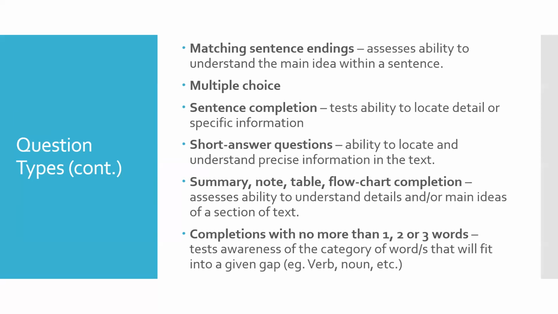The reason these are important is because depending on the nature of the question, we can identify what are the students' difficulties, for example, in completing the sentence with 1, 2, or 3 words. It requires an awareness of what category of word will fit into a given gap.